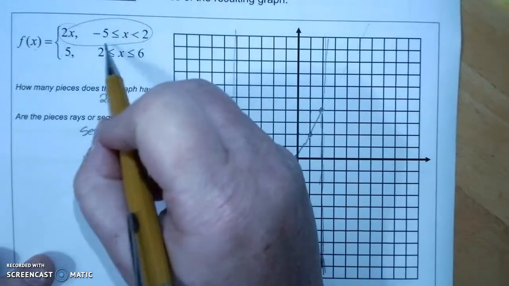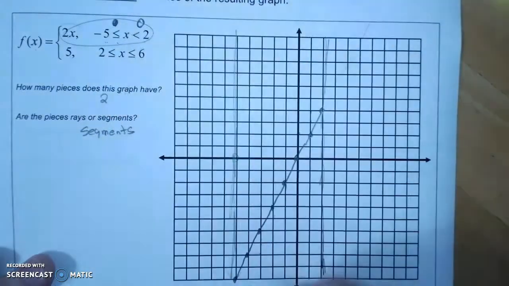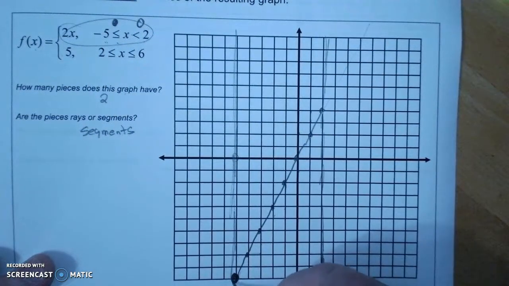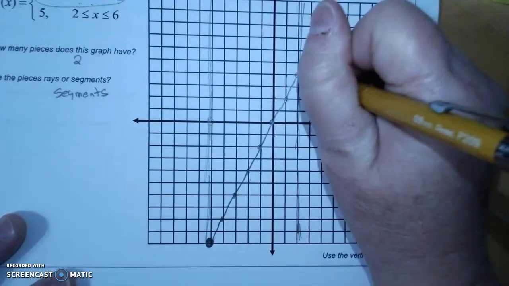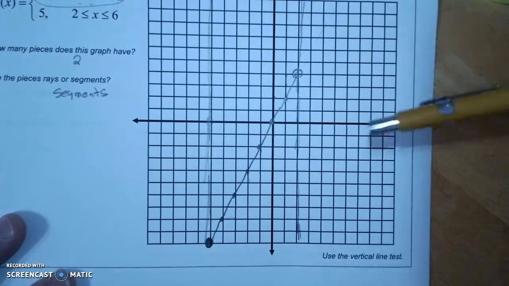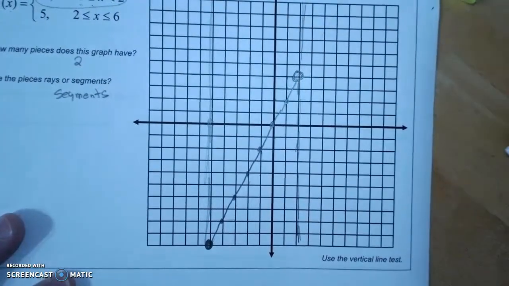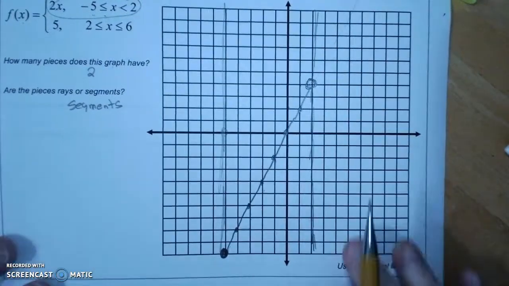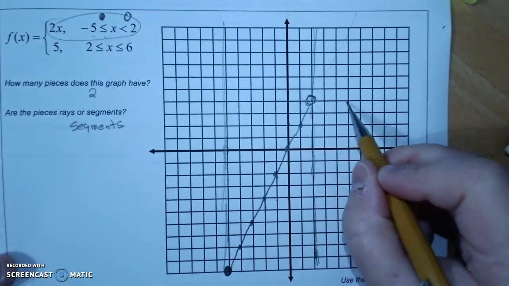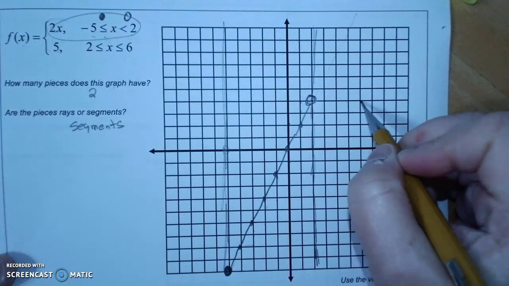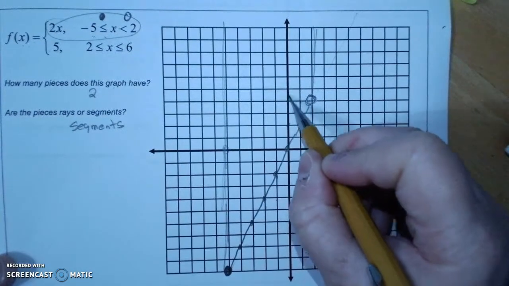Now, at -5 it has a closed circle, and at 2 it has an open circle. So I'm going to put that, and then I'm going to put that. That is open. Now, any questions? Counted wrong. Okay? Now, there's a horizontal line from 2 to 5, 1, 2, 3, 4, 5.